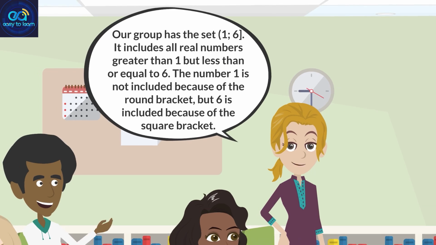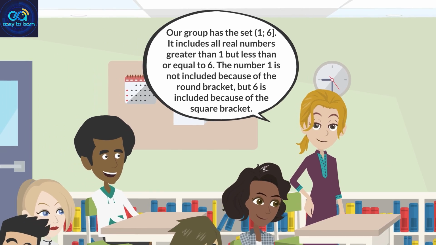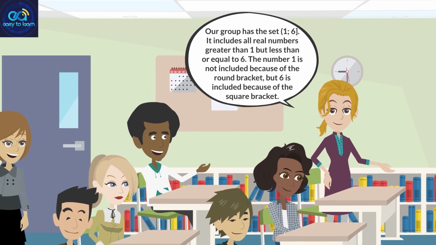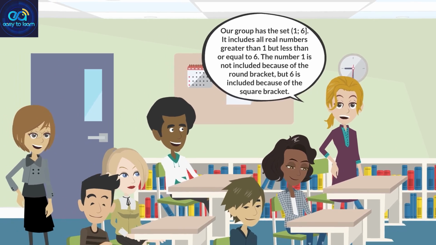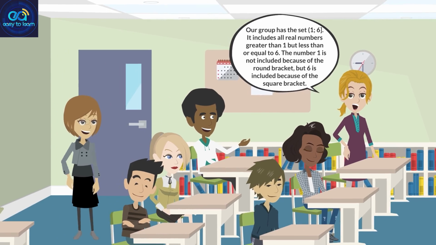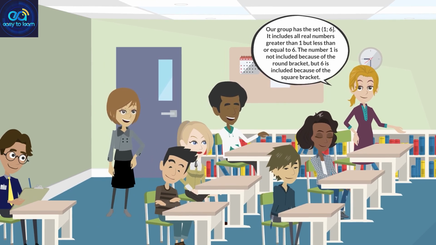Opal: Our group has the set of 1 and 6. It includes all real numbers greater than 1 but less than or equal to 6. The number 1 is not included because of the round bracket, but the 6 is included because of the square bracket.